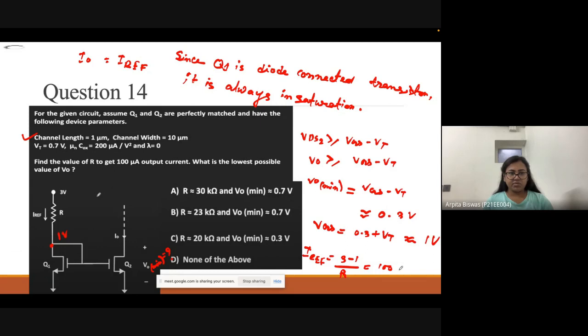How much current is flowing from this side? 100 microamps. Yes, 100 microamps. So R equal to 2 by 100 microamps equal to 20 kilo ohm. So the value of R equal to 20 kilo ohm.